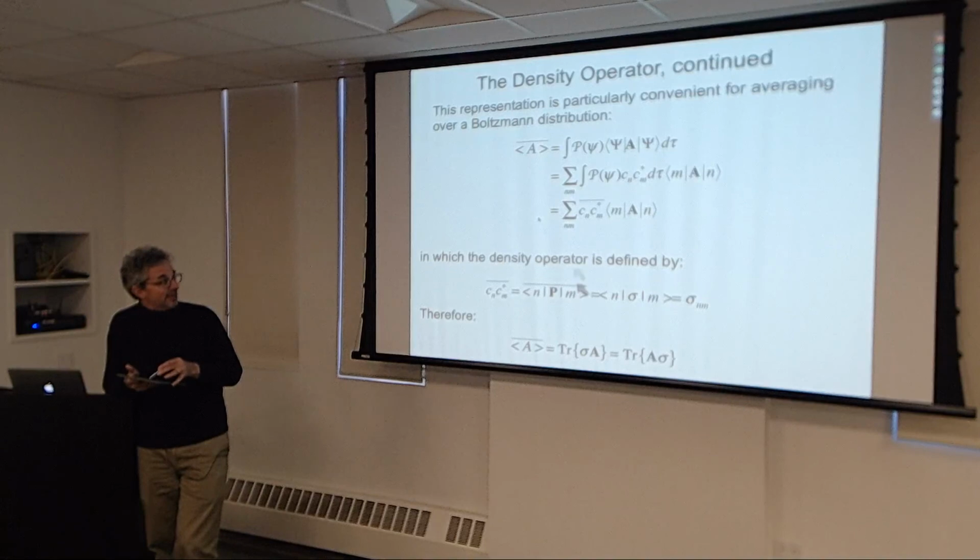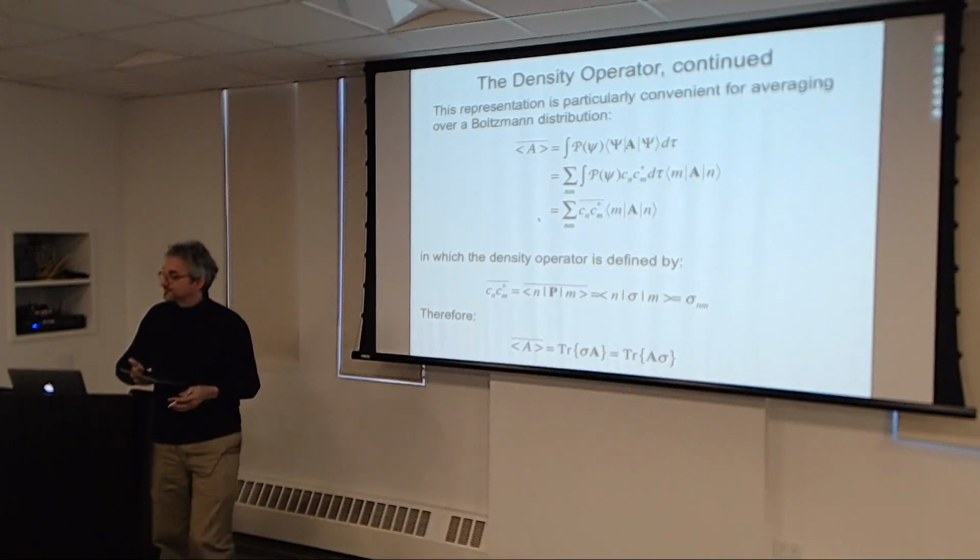And now when I substitute in, I end up saying that the thermally averaged expectation value I'll actually measure in an NMR experiment is the trace of the density operator multiplied by A. And trace, by the way, is commutative, so it doesn't matter which way I write it. You'll see it written both ways.